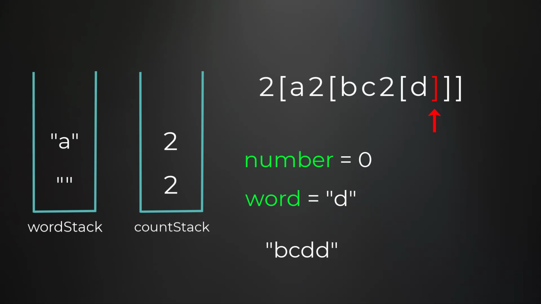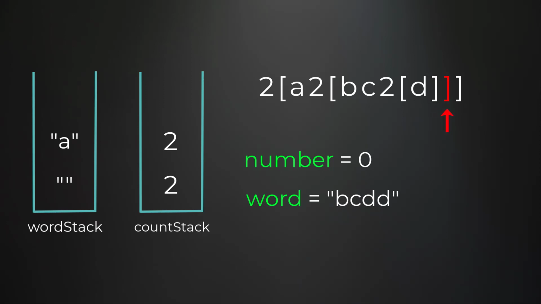And then the final step is the decoded string will be assigned to the word variable, because this decoded string may be nested in other encoded strings. So our word variable becomes BCDD, which is the string that we just decoded. So as you can see, the nested encoded string has been decoded, but we are still inside of other encoded strings. So we have to continue.